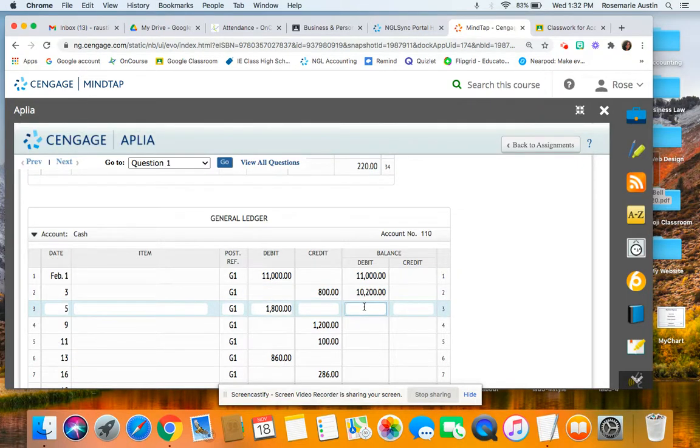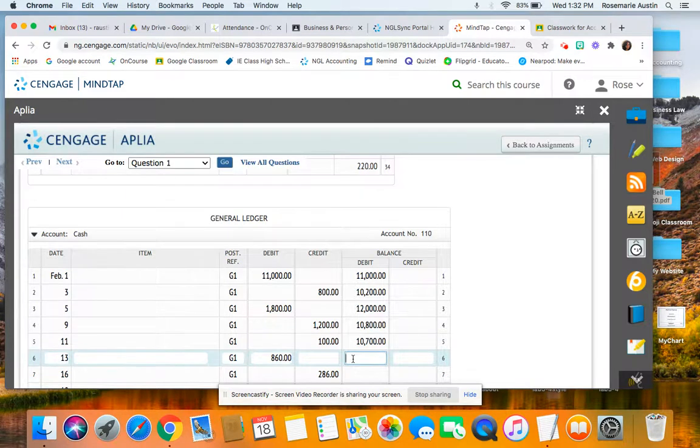Then you have a debit transaction, so you're going to add 1,800 to that, and that's 12,000. Then you're going to subtract 1,200, and that's 10,800. You're going to subtract 100, and that's 10,700.